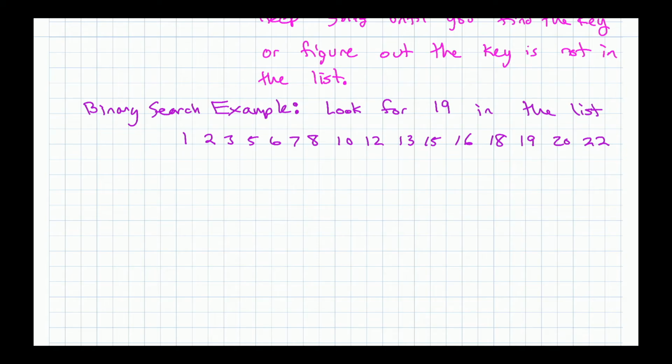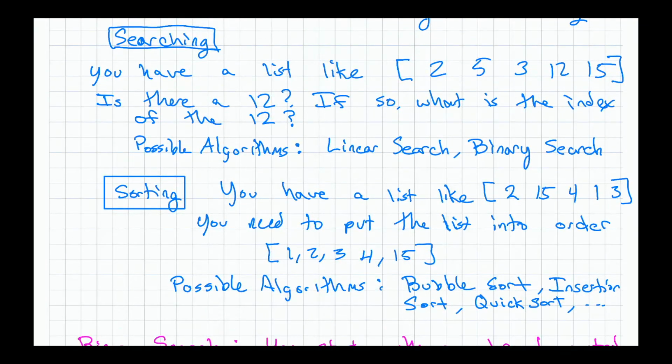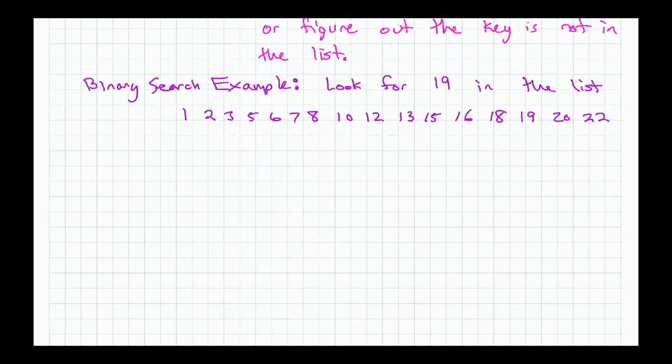Now if you were going to do the linear search, which we talked about in the previous section, you would just say, is that a 19? No. Is that a 19? No. Is that a 19? No. Is that a 19?